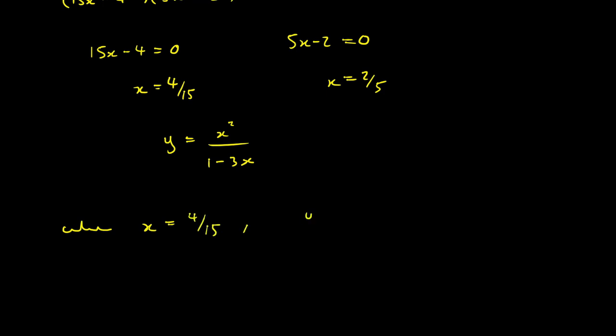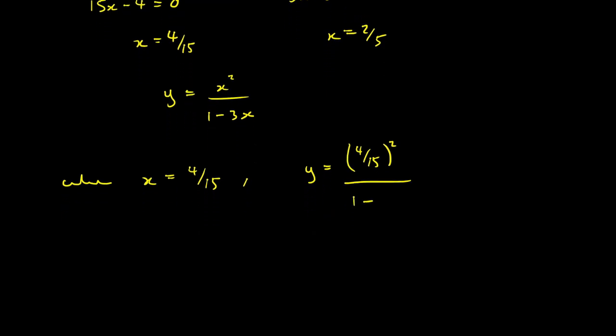4/15, y is going to be equal to 4/15 all squared over 1 minus 3 times 4/15, which is going to be 4 upon 5, right? Because the 3 and the 15 will cancel off.